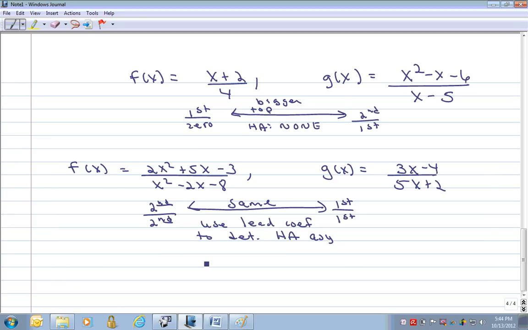All right, so in this case, this would be 2 over 1 or 2. And in this case, this would be 3 over 5 or 3/5. So our horizontal asymptote in this case would be y equals 2. And in this case, this would be y equals 3/5.